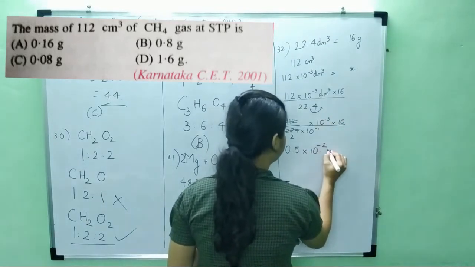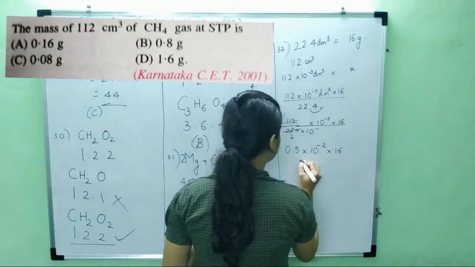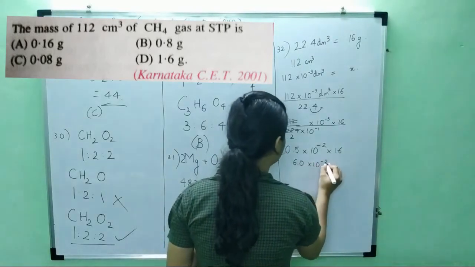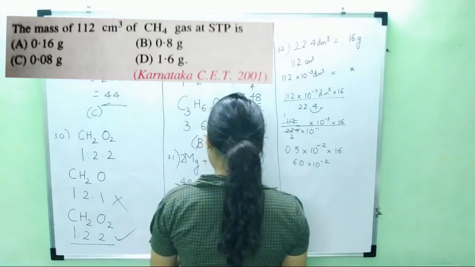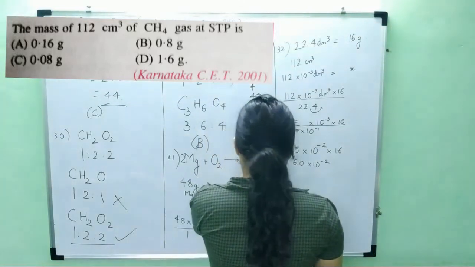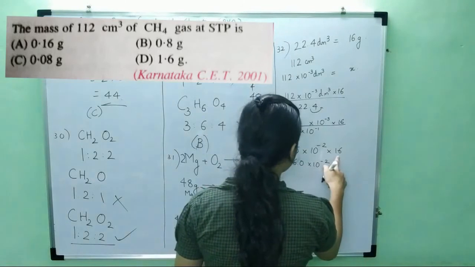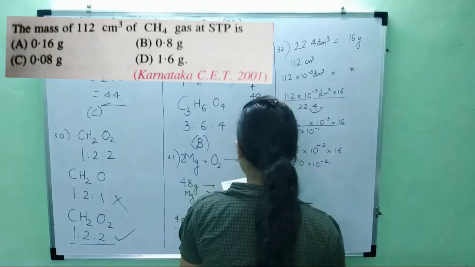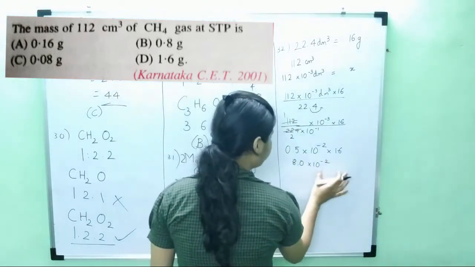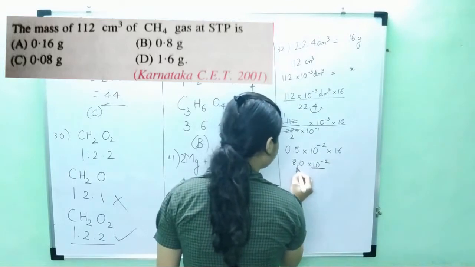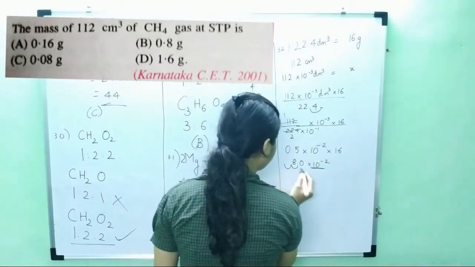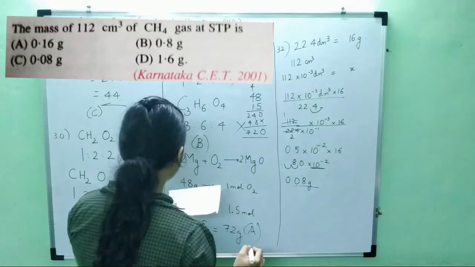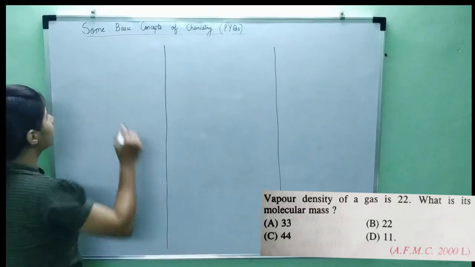So this becomes minus 2 into 16. Okay. Now if I have to write this, sorry, this comes out to be 8. Okay. Now if I have to write this, I have to remove the 10 to the power minus 2. What I'll do, I'll shift the zeros by 2 units. Okay. So this comes out to be what? 0.08 grams. Right. So which is the option? This is option C. Look at the next question.